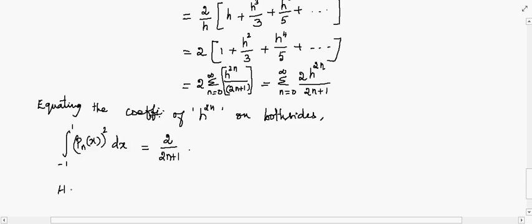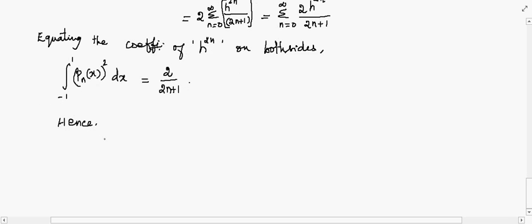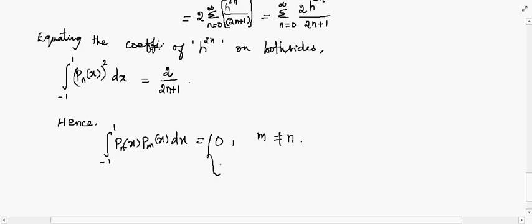Hence we have proved integral from minus 1 to 1 of Pn of x into Pm of x dx equals 0 if m is not equal to n, and equals 2 by 2n plus 1 if m is equal to n.